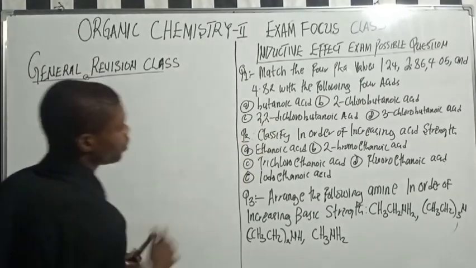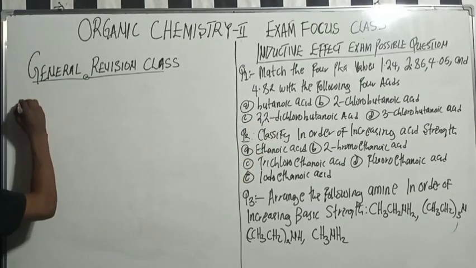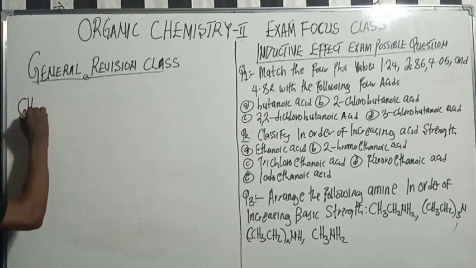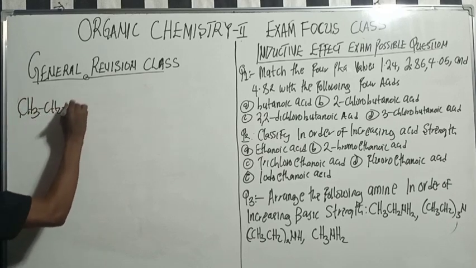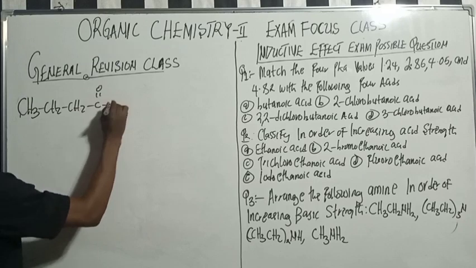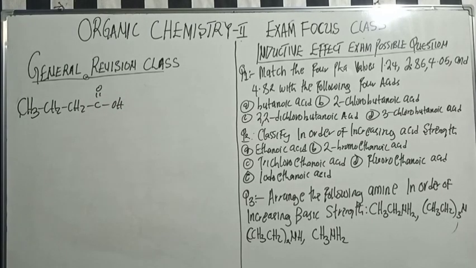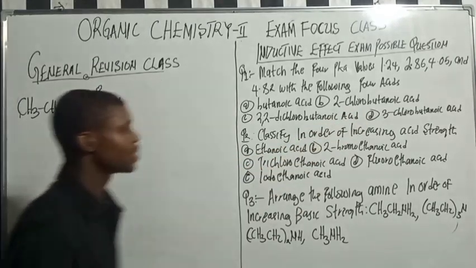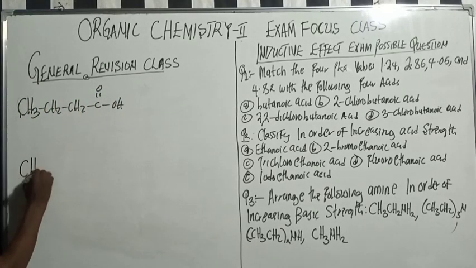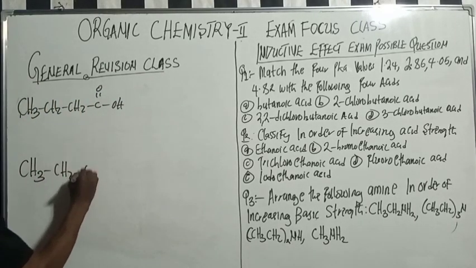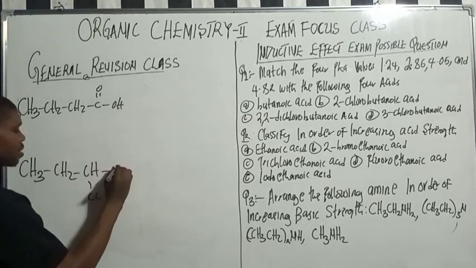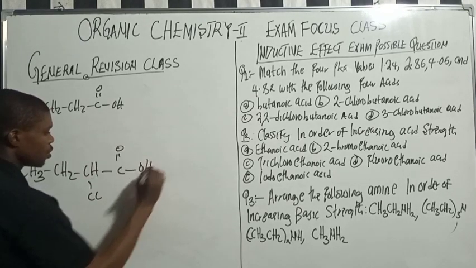Now, when you look at this, this is called butanoic acid. I will draw the structure here: CH3, CH2, CH2, C. This is called butanoic acid. Now here we have 2-chlorobutanoic acid. Here we have CH3, CH2, CHCl, C. You see that?